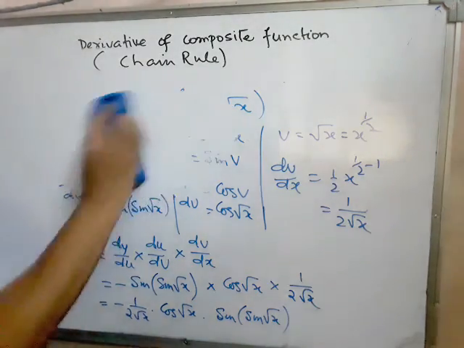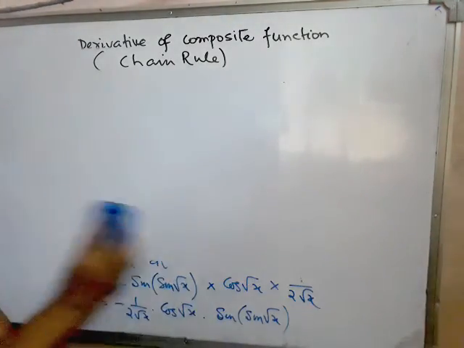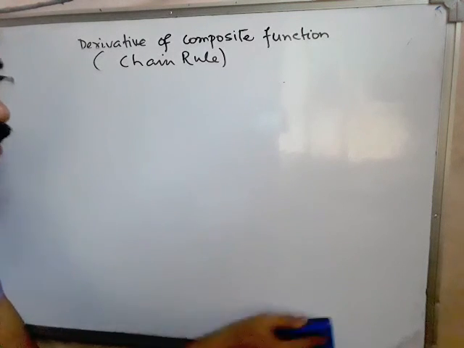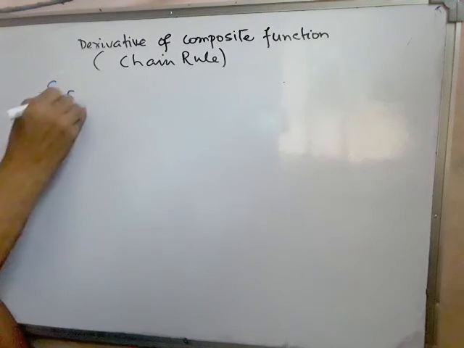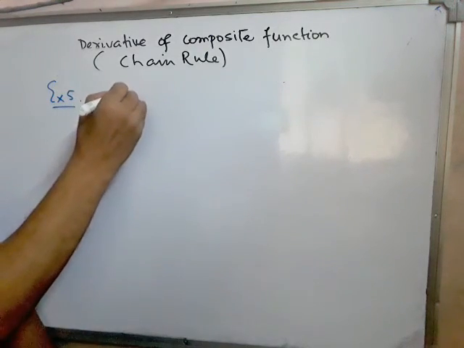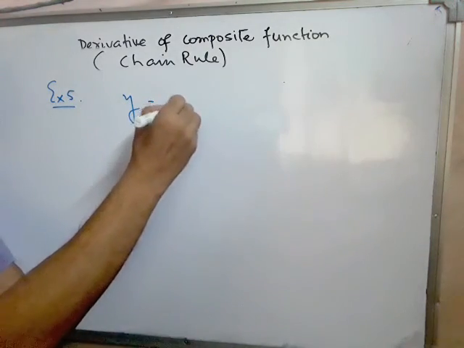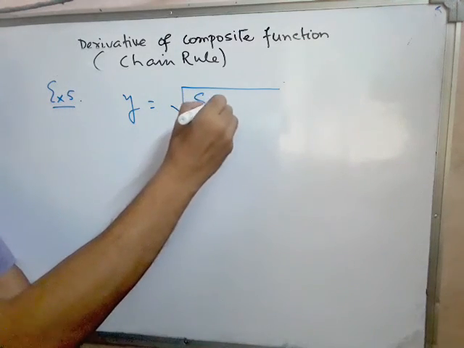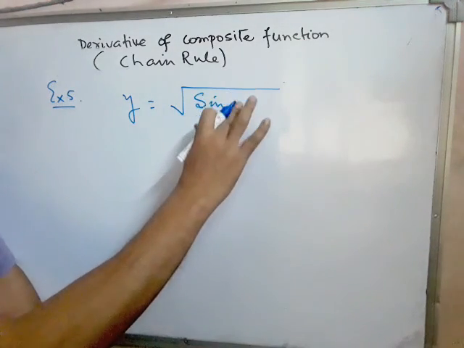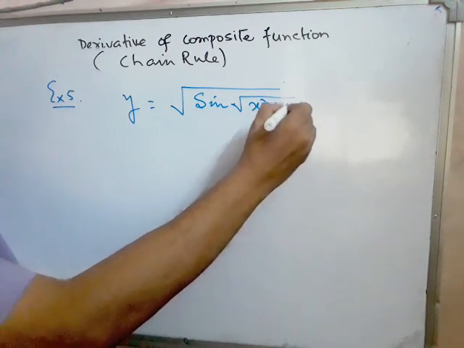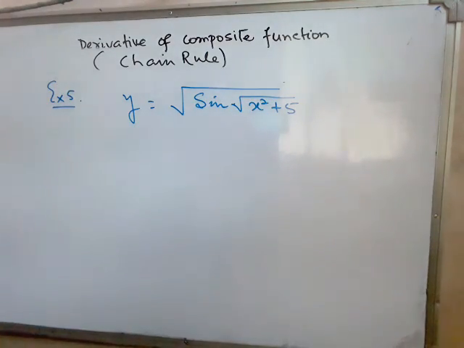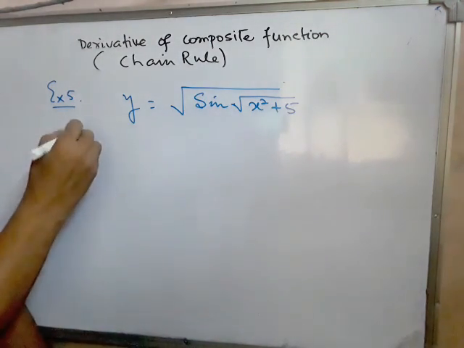Example 5. Let y equal to root over sine of root over x square plus 5. So in this case, what to do?